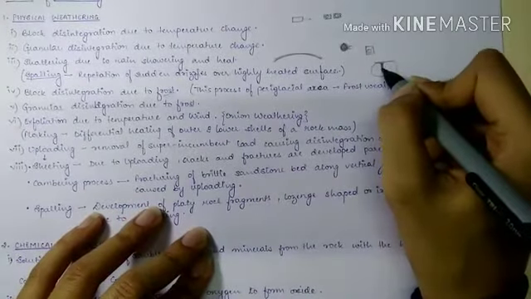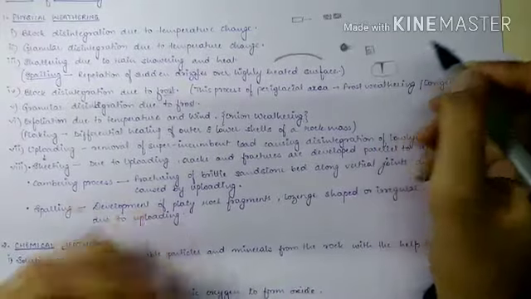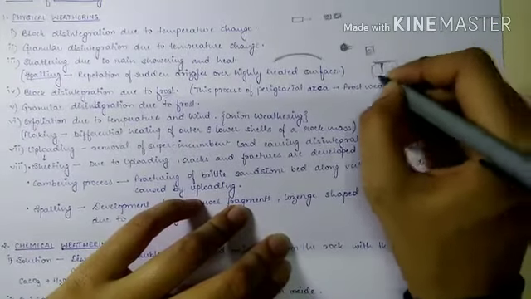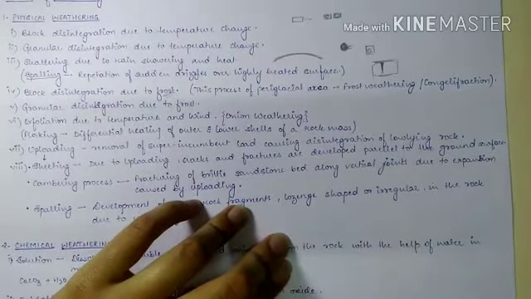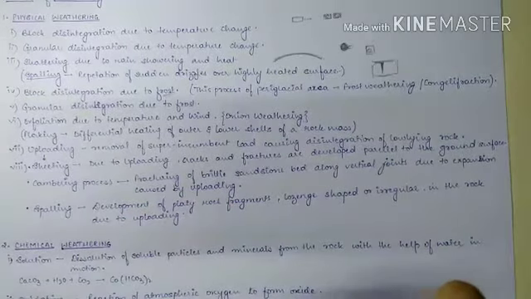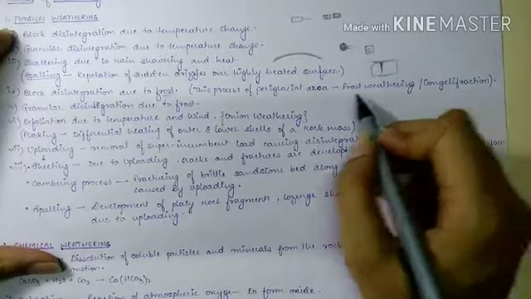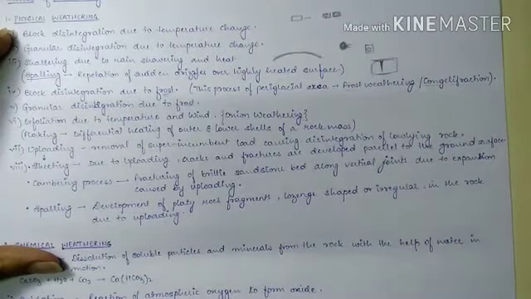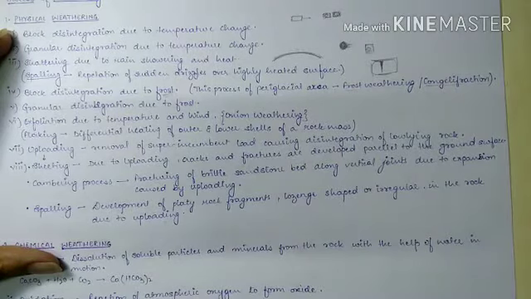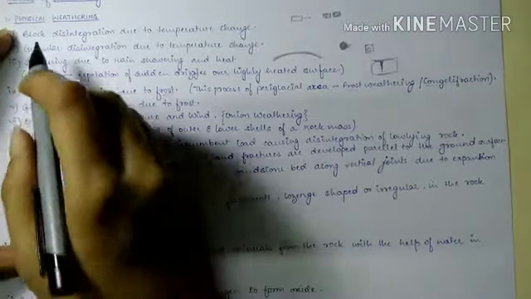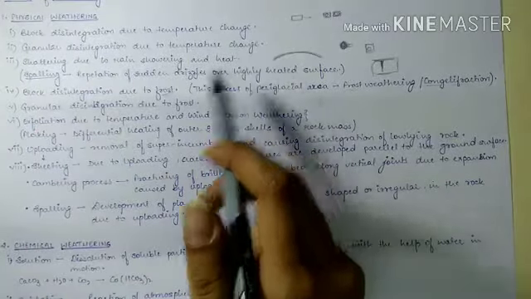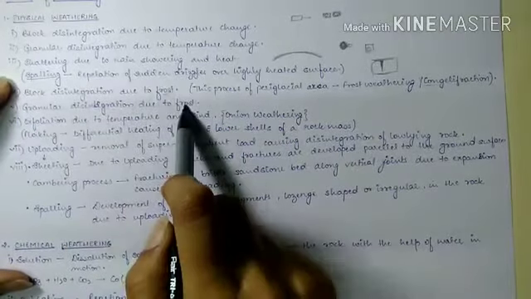So due to its expansion and contraction, the rock disintegrates. When this process occurred in the pre-glacial era, it was known as frost weathering or congelifraction. Same as we had granular disintegration due to temperature change, the same is the case with frost action.